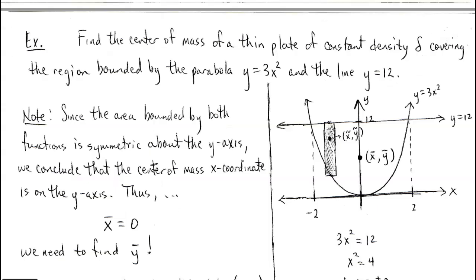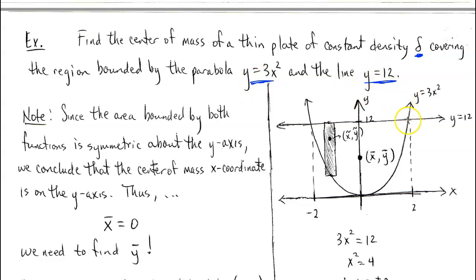All right, so for this example, we want to find the center of mass of a thin plate of constant density. So that means density is really not going to play a role here, but we'll keep it in and see that it will eventually reduce itself to 1 and get removed from the problem. We want to do this for the constant density plate covering the region bounded by a parabola and the line y equals 12.